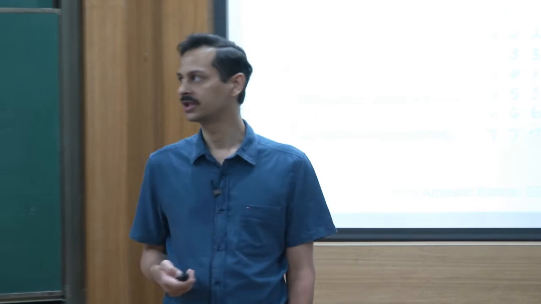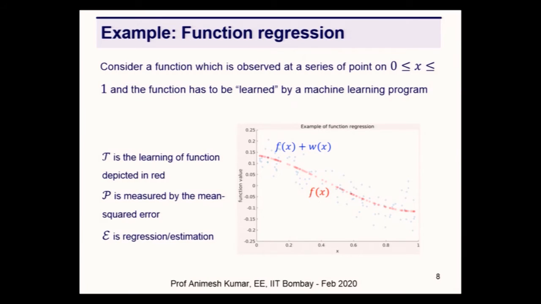Let me give you an example of a regression task. Something that we will not touch upon too much in these 3 hours, but nonetheless, I think it's a good idea to see more than one type of machine learning program. So often we want to learn dependencies between variables, which, through calculus and all, we call functions. Let us say there's this underlying red graph, which happens to be a cubic polynomial, and this is what has to be learned, and that's what is shown in red here.